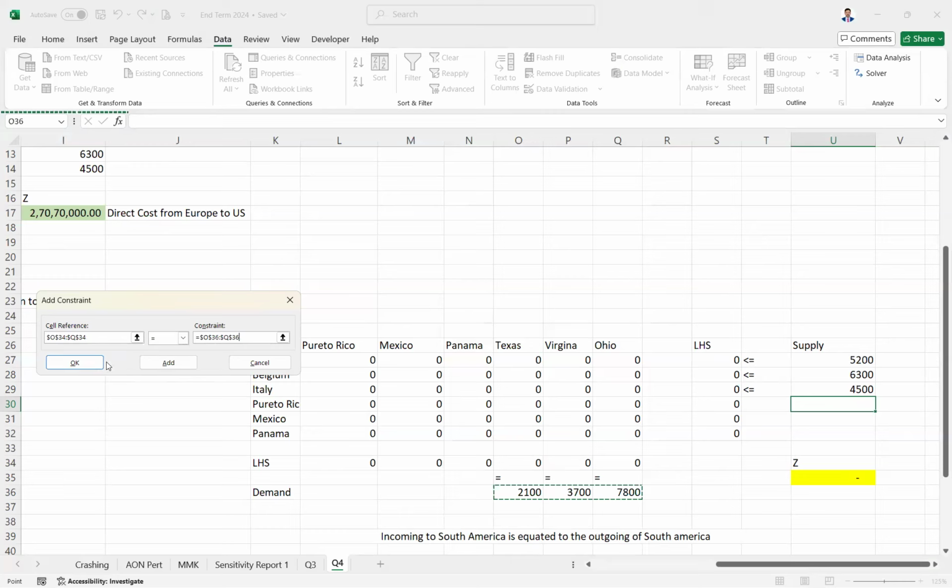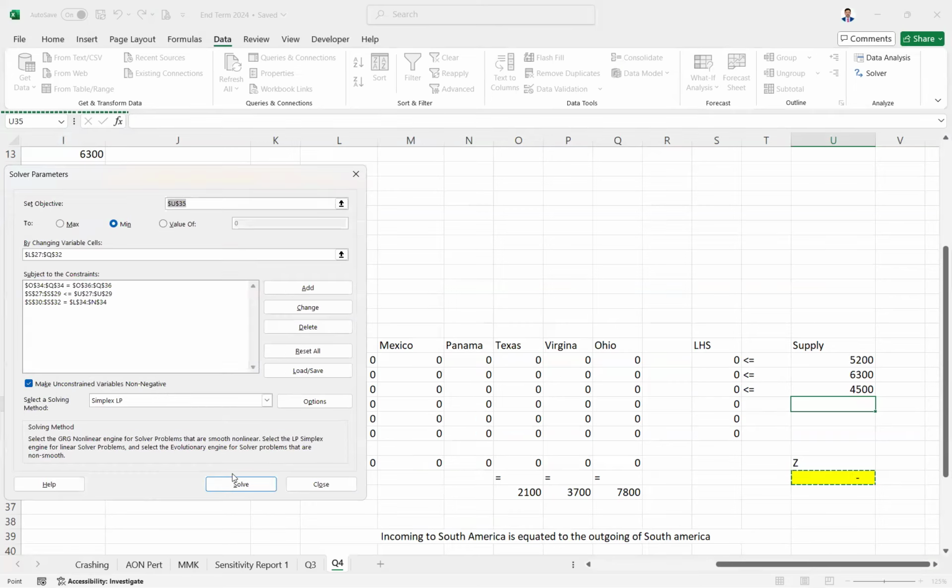Now see how I am adding this. These three values I'm equating exactly to those same order again. These three in the column-wise equating to the row-wise in the C. See, Puerto Rico, Mexico, and Panama. Puerto Rico, Mexico, and Panama. Simplex LP.